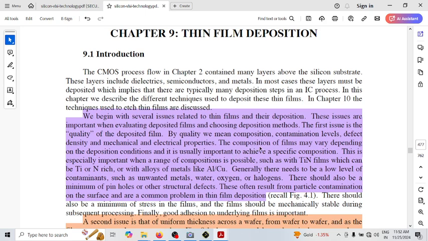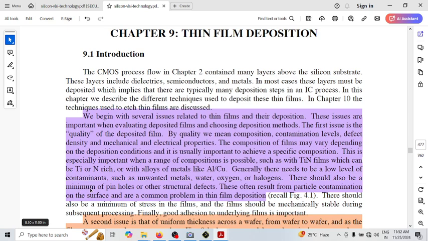The composition of the film needs to be very carefully understood, and generally there needs to be a low level of contamination. So contamination should be as little as possible, such as unwanted metal, water, oxygen, and halogens should not be there in that deposited thin film.